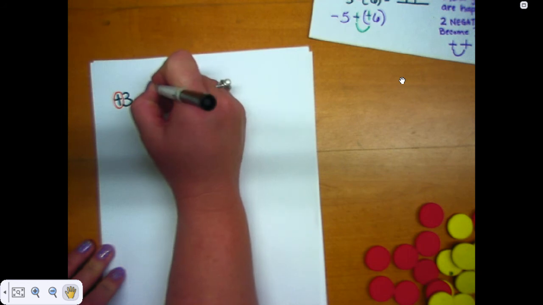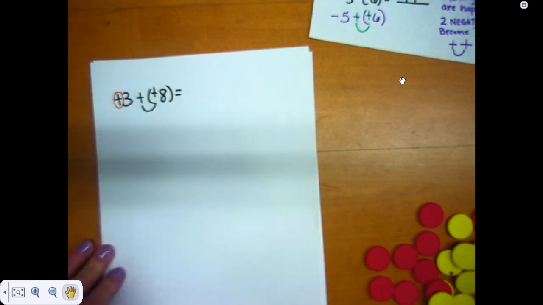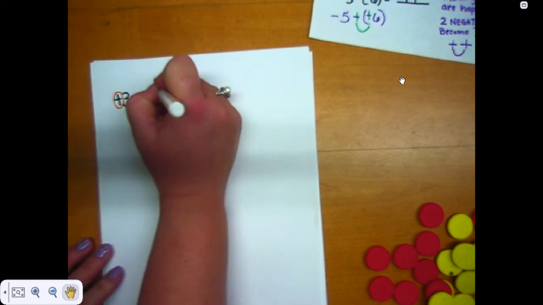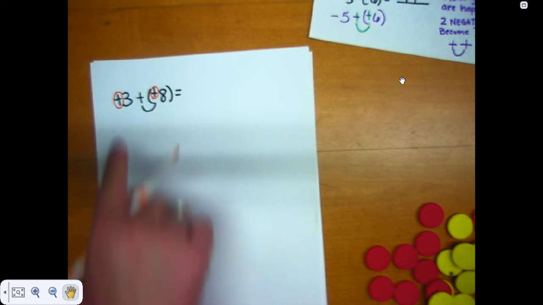So we change it to positive, positive, and I like to give them a little smiley face because they are so positive now. So now what do my signs say? Positive and positive.